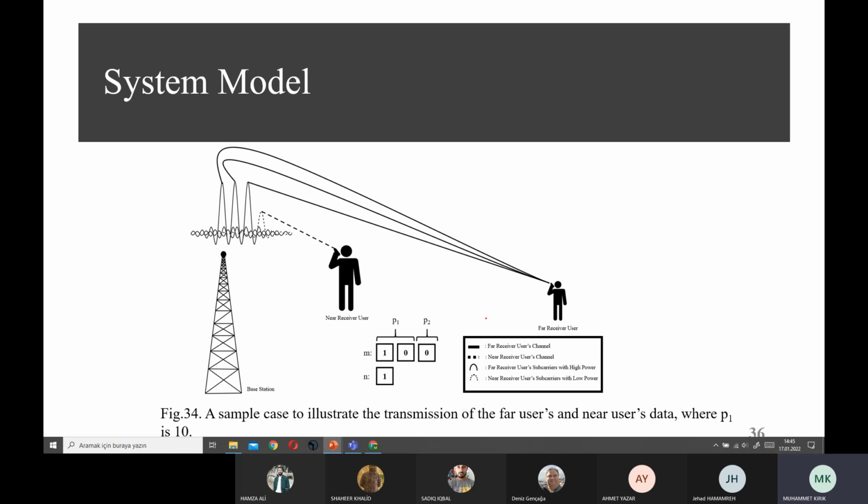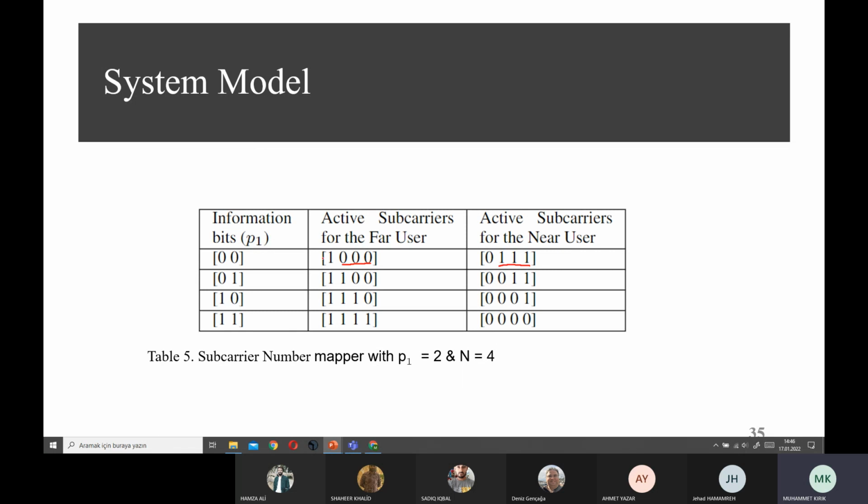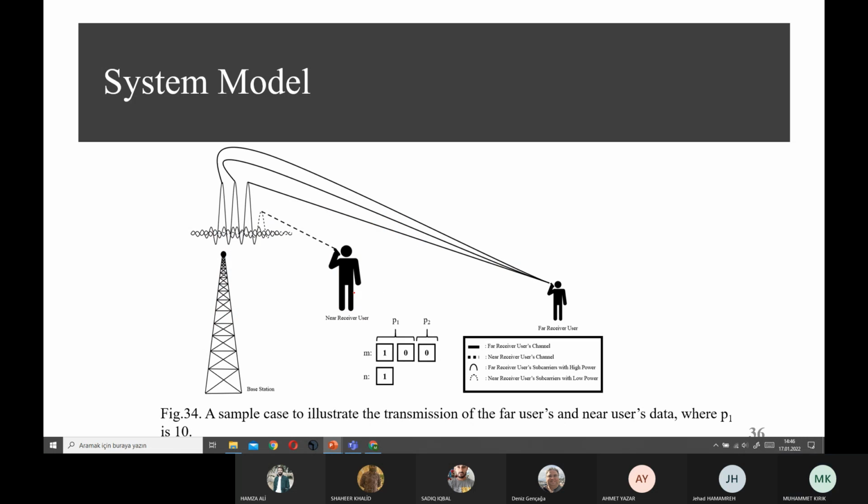So this is another example. Imagine that we have these 4 subcarriers, and we have the far user's data M and the near user's data N. So let's say we have the 1, 0 for our subcarrier activation mapper. When we look at the table, for the 1, 0, we are activating 3 subcarriers. So we are activating these 3 subcarriers to transmit this data to the far user.